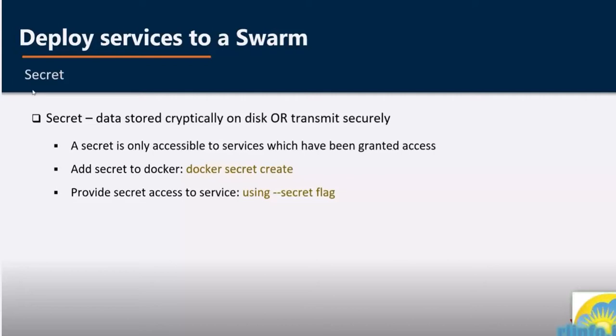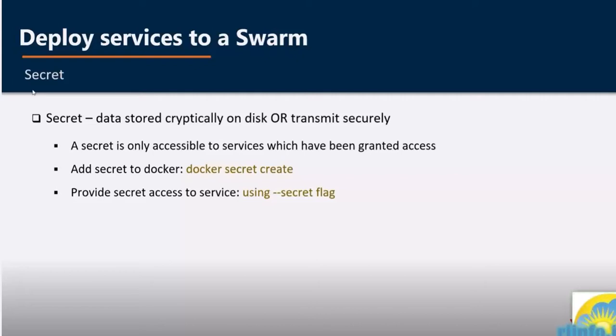You can use Docker secrets to centrally manage this data and securely transmit it to only those containers that need to access it. Secrets are encrypted during transit and at rest in a Docker swarm. A given secret is only accessible to those services which have been granted explicit access to it, and only while those services' tasks are running.